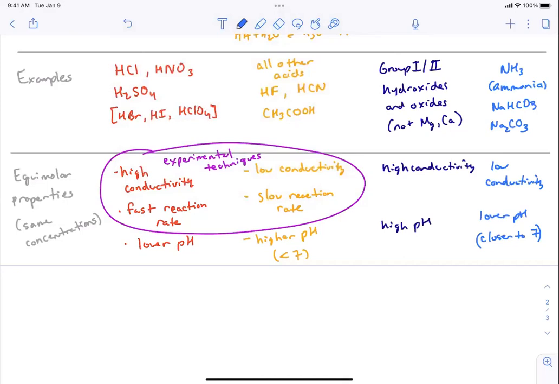The reason why I didn't circle pH is that on the IB questions, they usually say, other than pH, state how you would be able to differentiate. So I don't even leave pH as an option because they'll usually rule it out anyways.